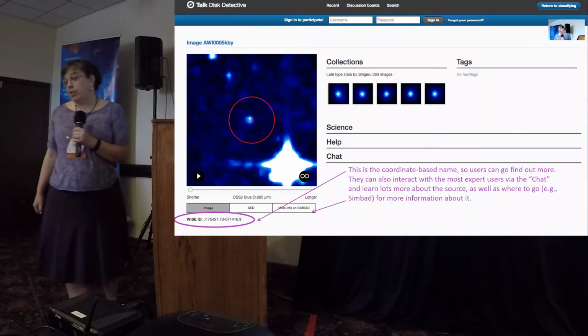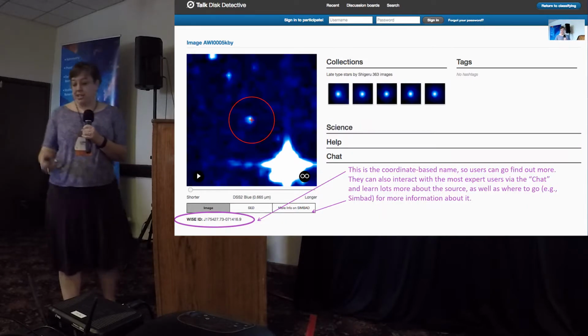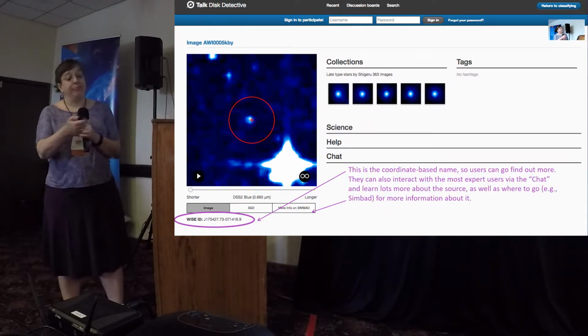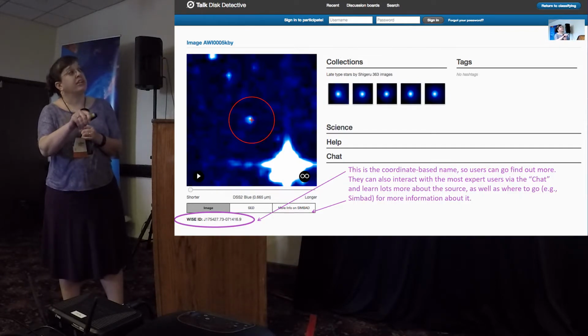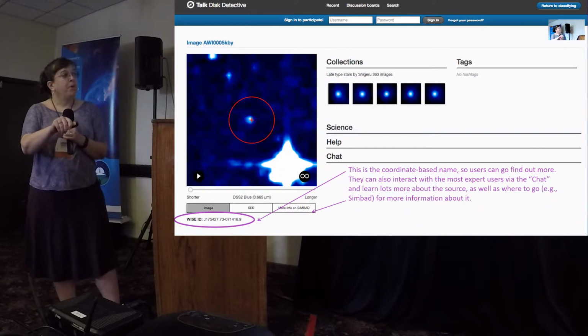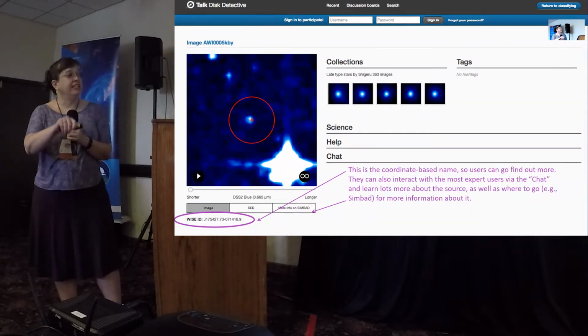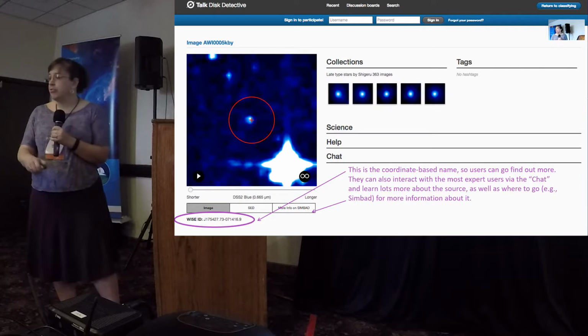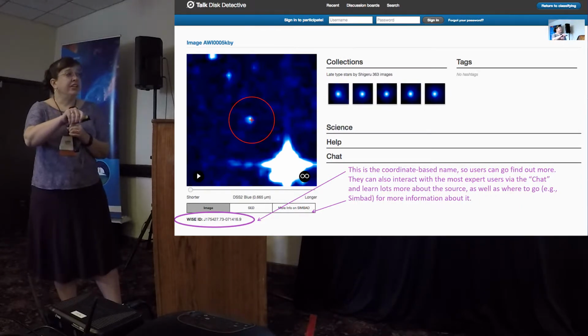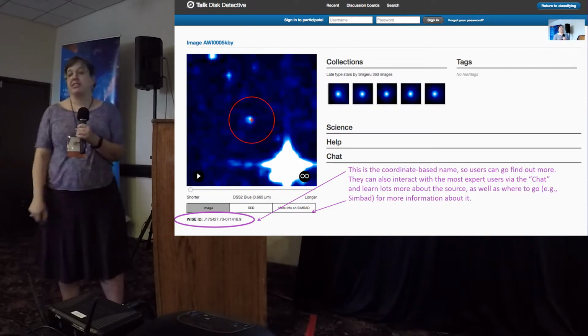I am peripherally involved with this Zooniverse project called Disk Detective. And this is one of the pages from the Disk Detective project. I didn't sign in for this, but you can sign in, and there's the thing you're supposed to be looking at. But look, down here, hidden in the corner, which I'm sure you can't read in the back, is the IAU compliant coordinate-based name.